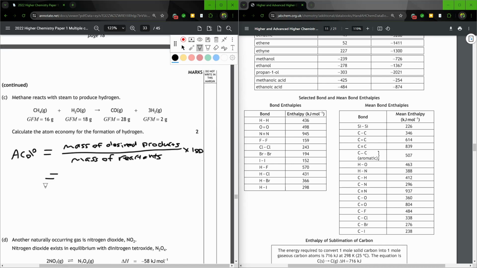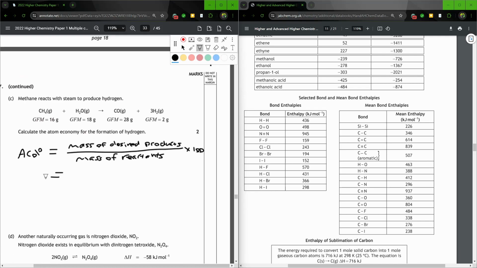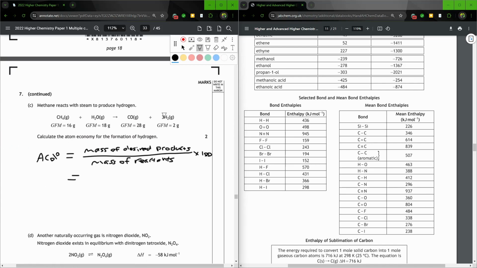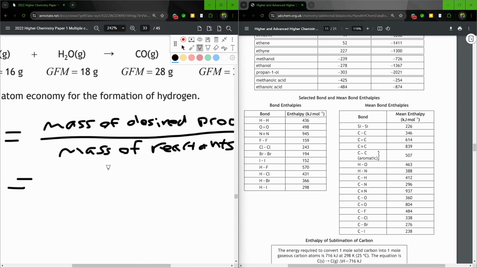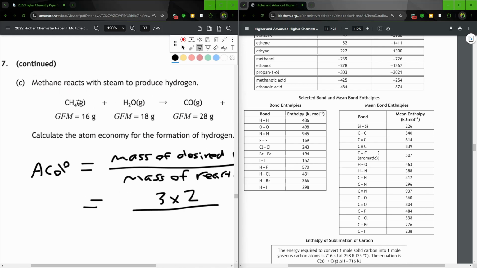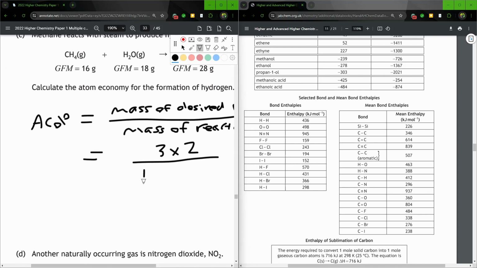So let's go and do that. So mass of desired products, we only want hydrogen, but we do get 3 moles of the stuff, so it is 3 times 2. But then for the mass of reactants, we don't care about carbon monoxide, obviously. So we just have 1 mole of methane, and then just 1 mole of water.